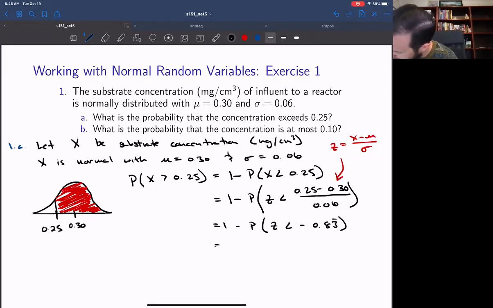Now all we have to do is look up negative 0.83 within the normal table.